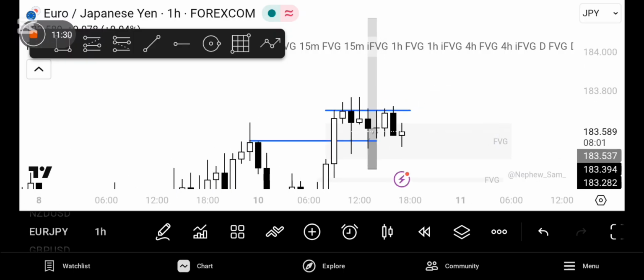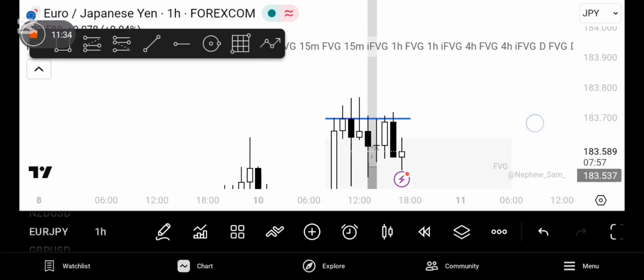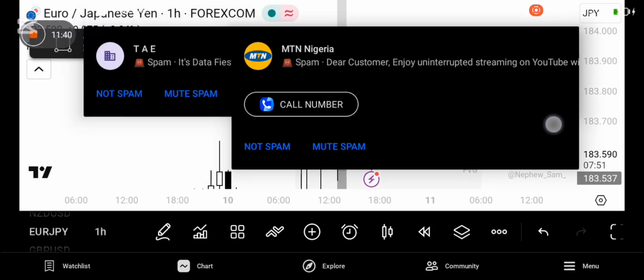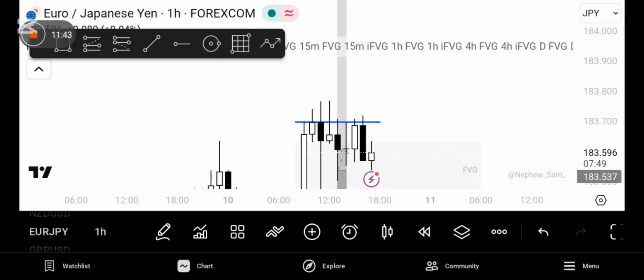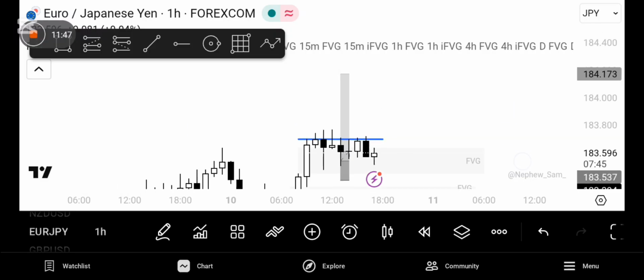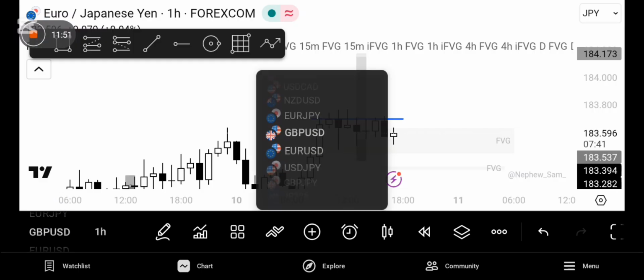Then I saw the next one happen. That is this particular key level here. Right. Then I saw market broke through. I went to the 5 minutes and placed an entry there. So this one is still running, and hopefully, I think it's a 4.5 hour trade.